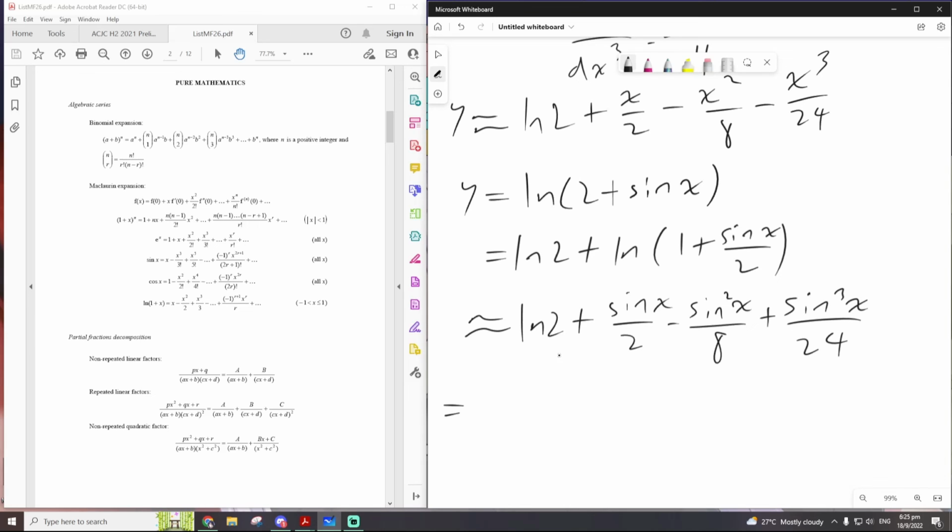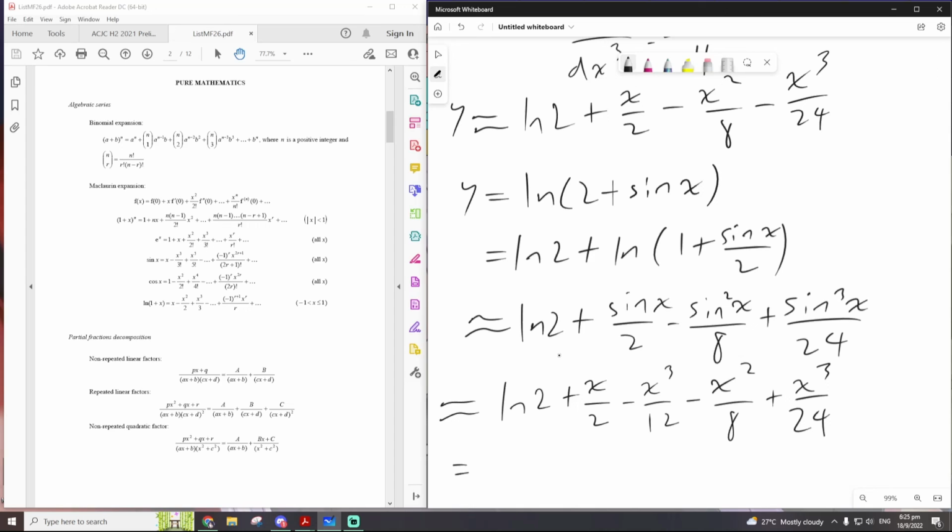Okay, this is approximately ln 2 plus, now I'm going to use sine x. Sine x is approximately x minus x cubed over 6. So this is x over 2 minus x cubed over 12. And the rest of it, we can just take as x only, because the higher powers will be higher than x cubed. So x squared divided by 8 plus x cubed divided by 24.